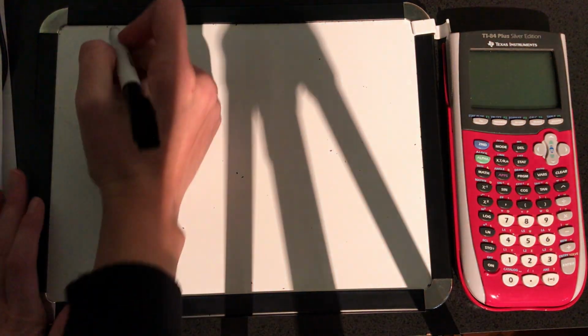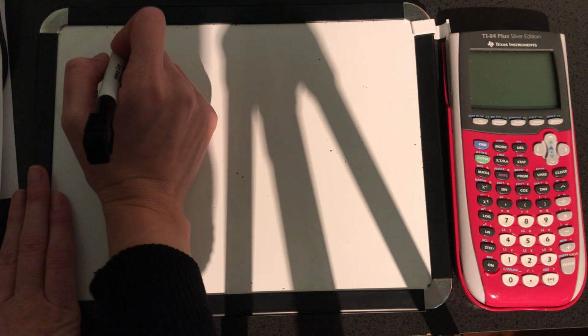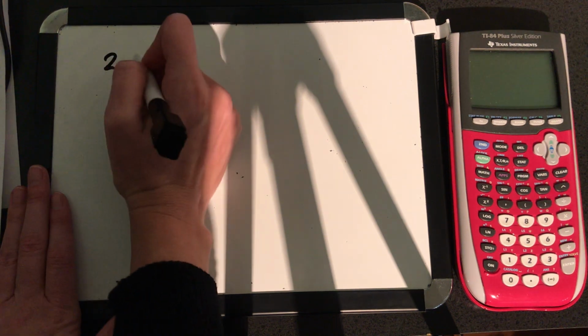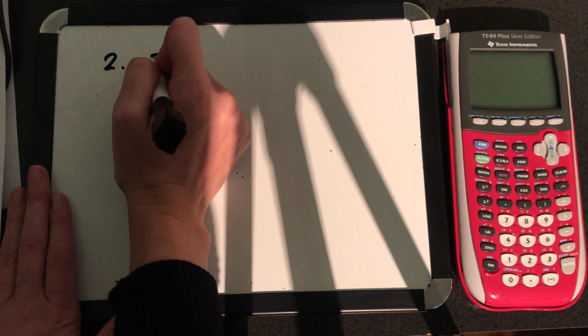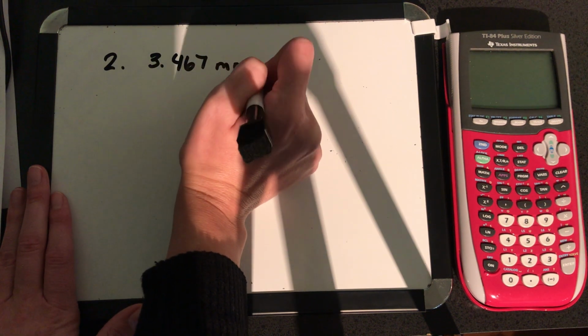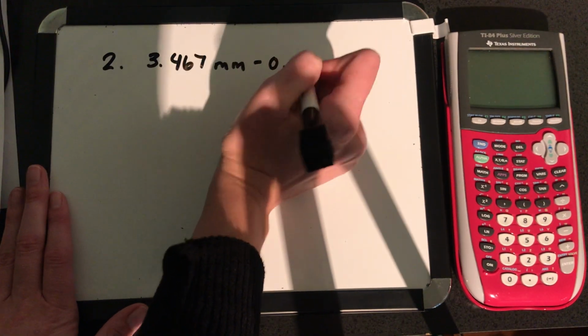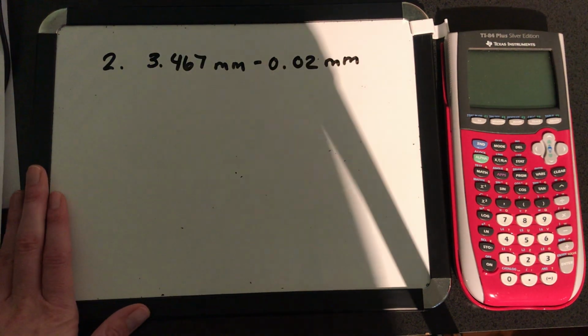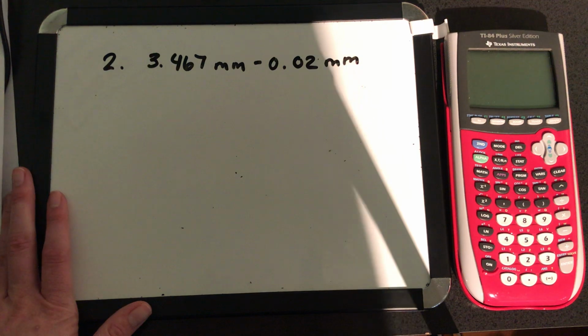So an example for subtraction in part C on your worksheet from Monday, number 2, is 3.467 millimeters minus 0.02 millimeters. We're looking at which place is the least significant place.